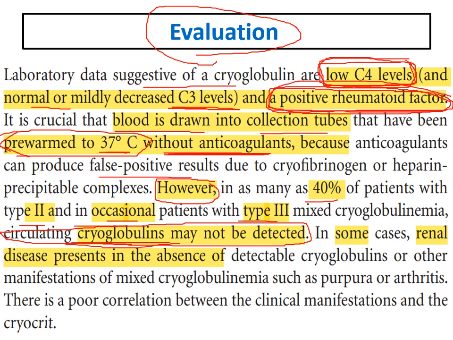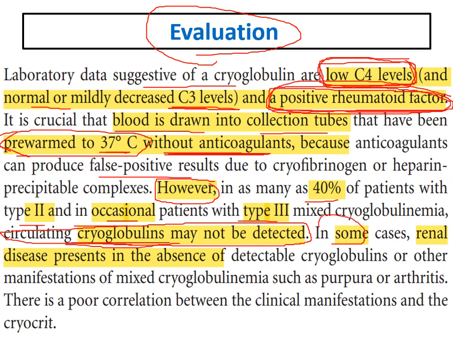So in a patient, usually a hepatitis C virus patient, with a clinical picture highly suggestive of cryoglobulinemia, in the form of palpable non-pruritic purpura, erythroalgia, hypertension with consumed C4 and positive rheumatoid factor, treat the patient as having cryoglobulinemia even if the cryoglobulins are negative, because in up to 40% of cases, cryoglobulins may not be detected.